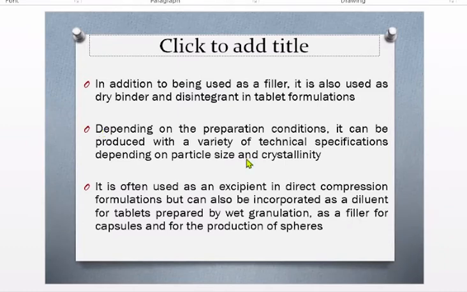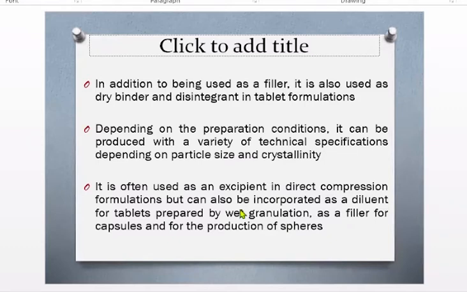Okay. Also, just like lactose, it exists in a variety of technical specifications, depending on the particle size and crystallinity. So you have, for example, Avicel pH 101, 102, and so on. Those numbers represent the particle size distribution present in that product.